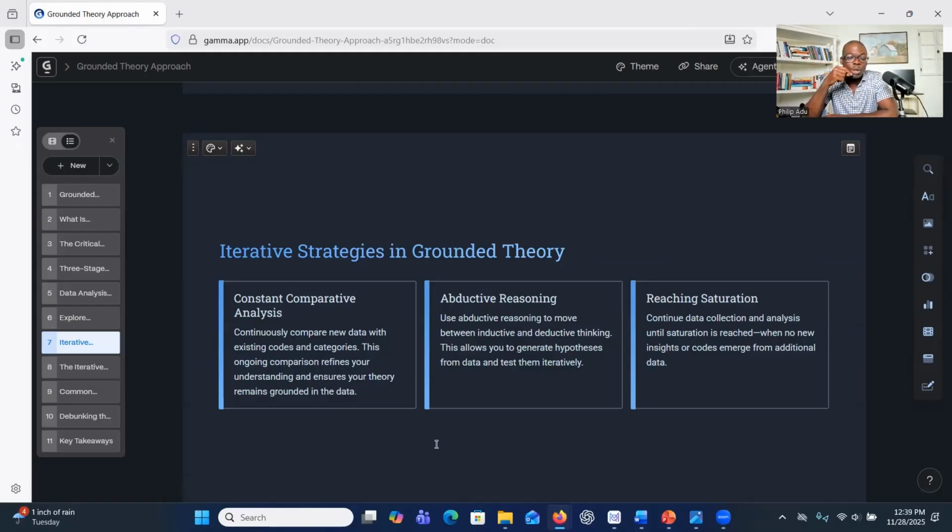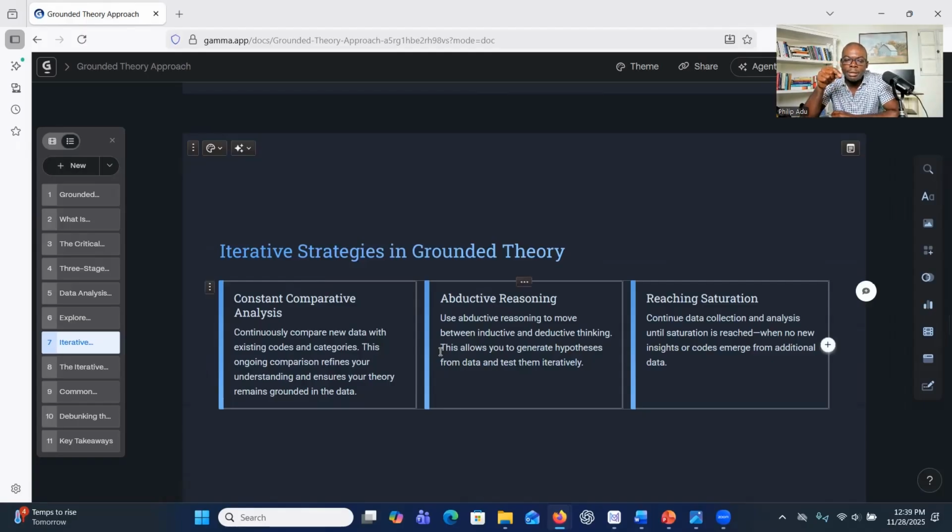Then we call it theoretical sampling: going back to participants that can give you rich information, collecting that information, and then using it to compare the new data with the outcome that you have developed.